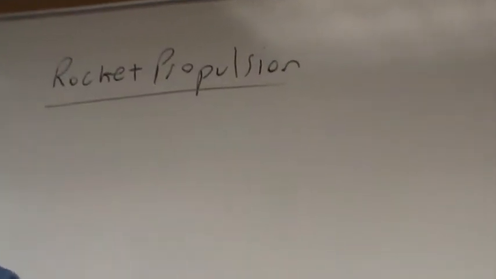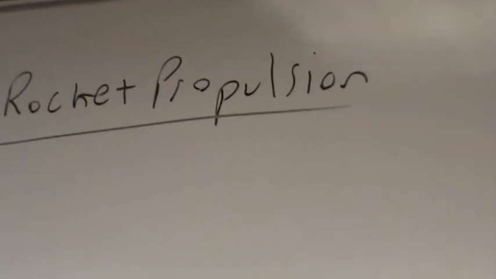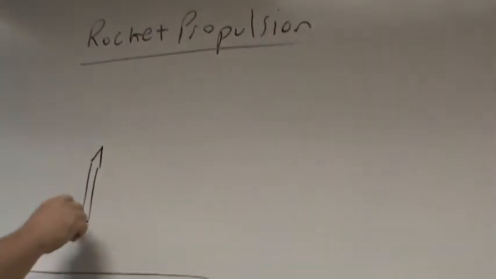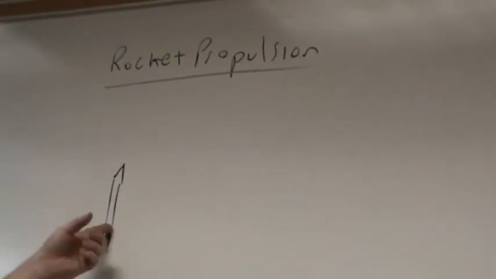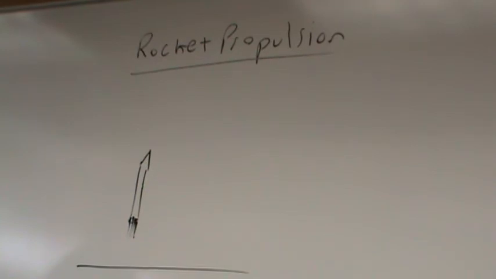There has to be a force on something in order for it to be going upward. So here's my rocket ship. Okay? And you know a rocket ship has fuel coming out the back. Tell me, what is the rocket ship pushing on in order for it to accelerate upward?